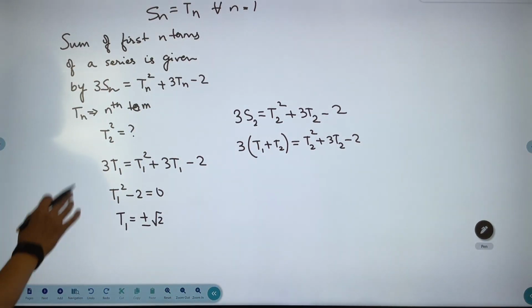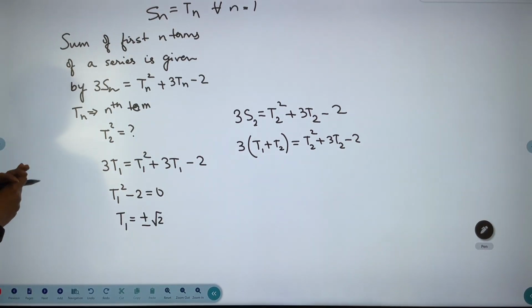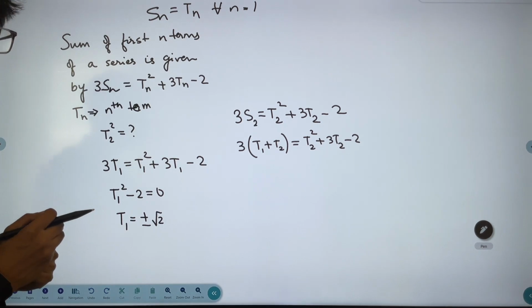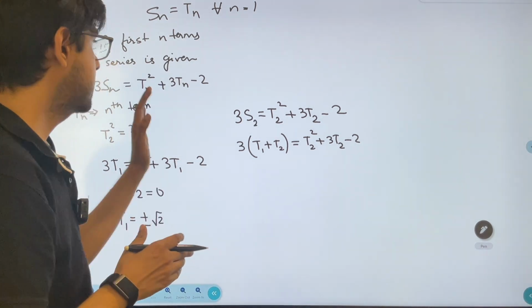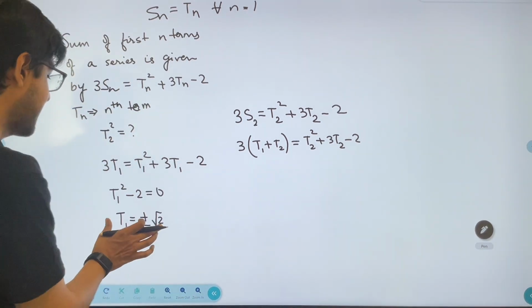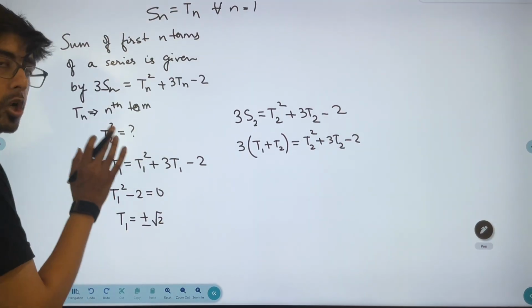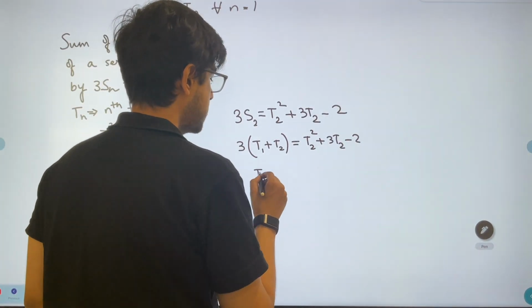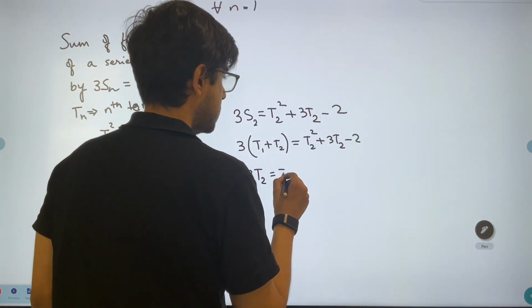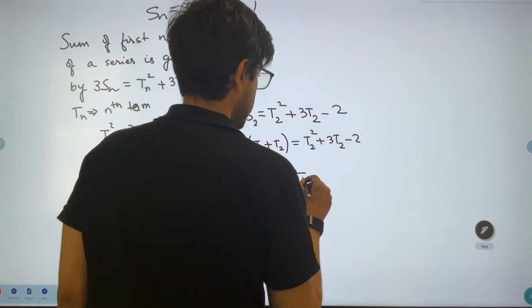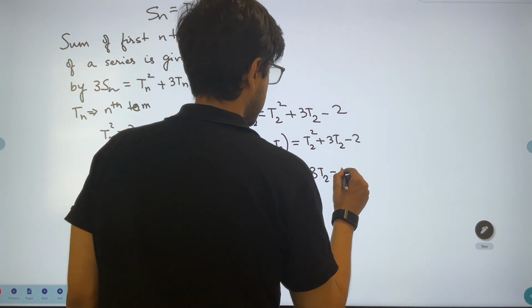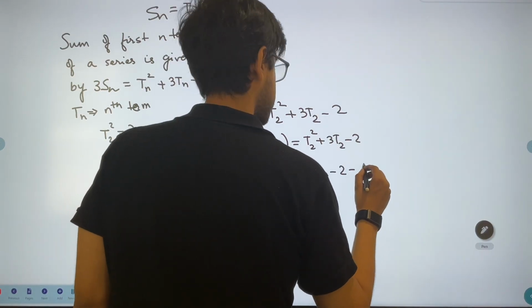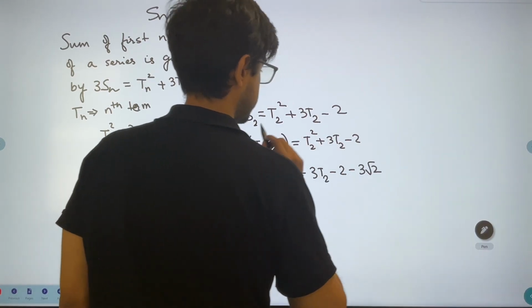Let's simplify this question by stating that Tn is greater than or equal to 0, where each term is positive. So by that definition, I will ignore minus root 2, and I have 3 root 2 plus 3T2 is equal to T2 square plus 3T2 minus 2.